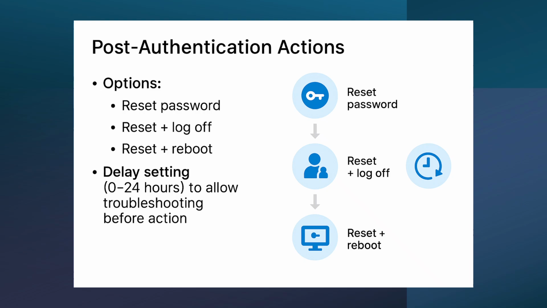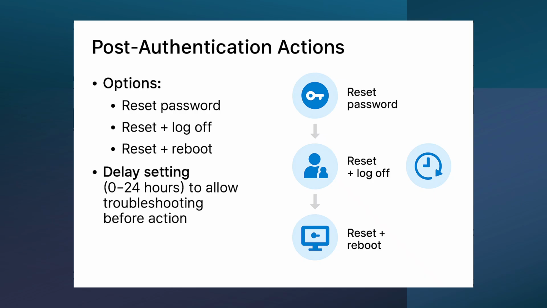And what is the delay setting? The delay setting is, suppose you reset the password, how much time after you log in to your system will your password be reset. Suppose you choose 6 hours and you log in to a system for administrative or troubleshooting work that needs elevated admin access.